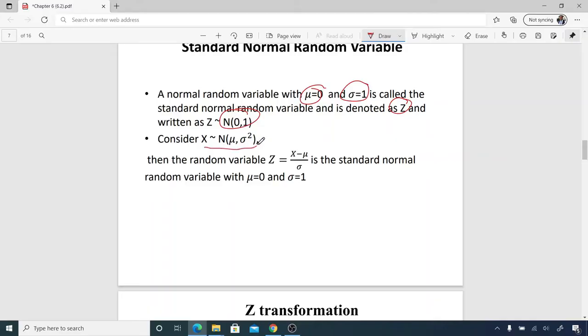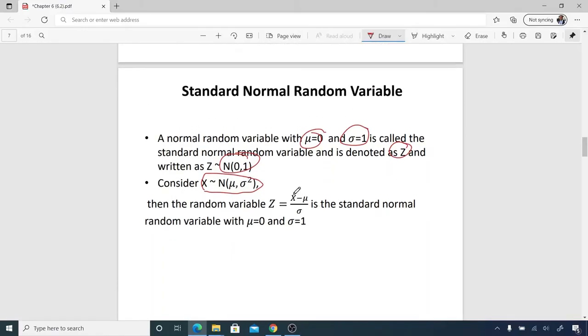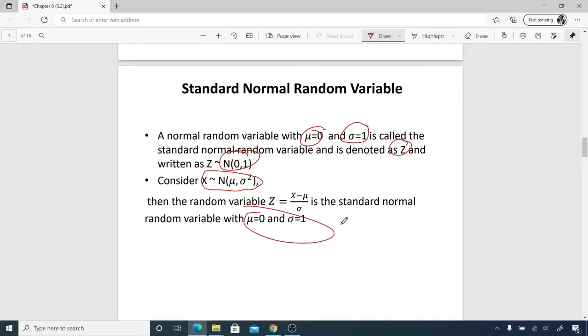If you have the situation where x is normally distributed with mean mu and variance sigma squared, then the random variable is similar to the standard score that you have. That's how we calculate it: (x minus mu) divided by sigma is the standard normal random variable with mean 0 and standard deviation 1.